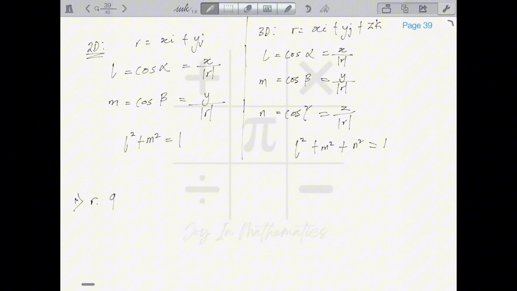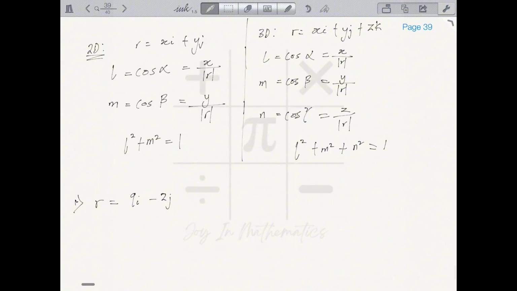Let's take R. R is equal to 9i minus 2j. If you want to implement this, all we have to do is, we know that 9 is equal to x and minus 2 is equal to y.